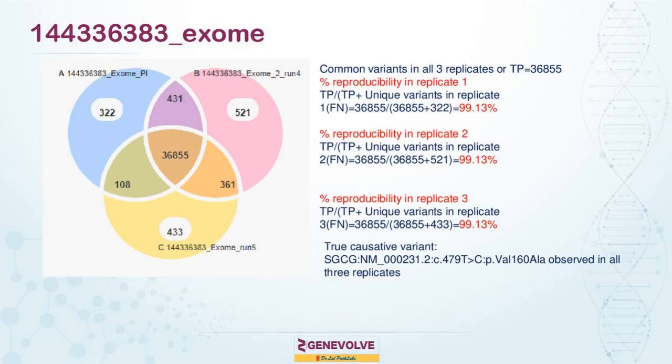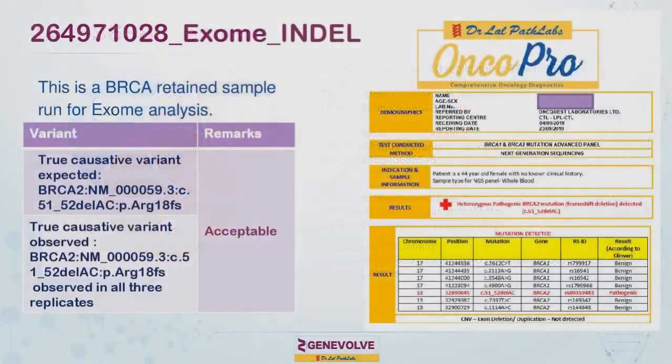What we could see was that if we run the same sample, more than 99% of the variants were again picked up, and the true causative variant was picked up in all the three replicates. So this was done again and again for many samples, including those for indels.